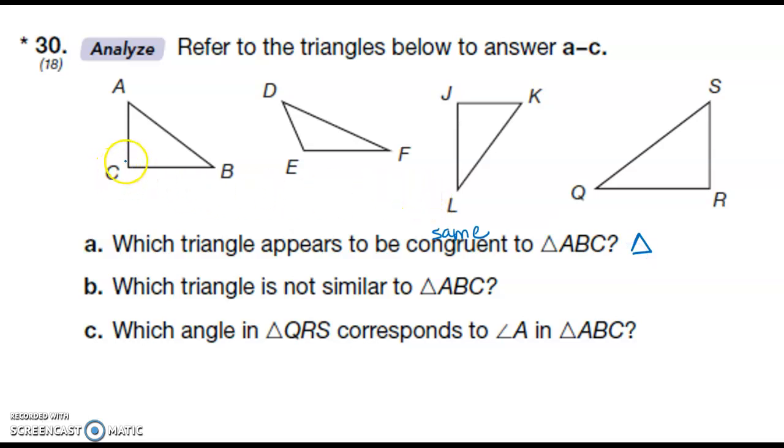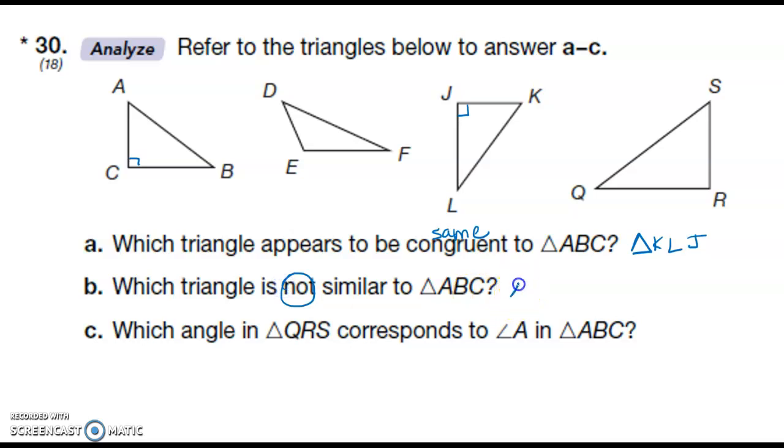If C is the right angle here, that means J is the right angle here. So J would go there. I think K is A and B is L. KLJ.